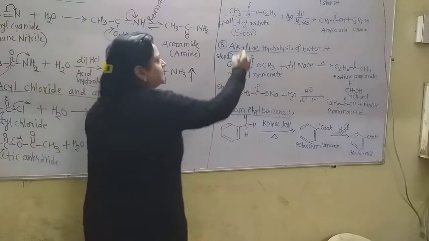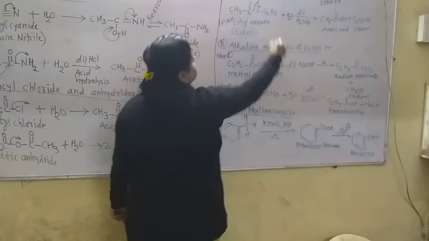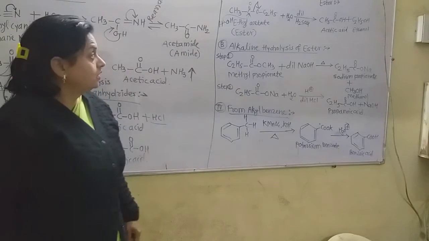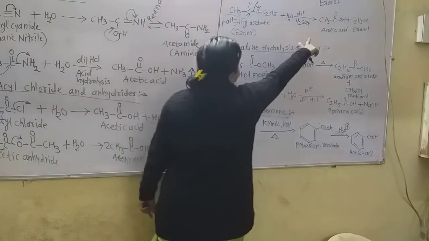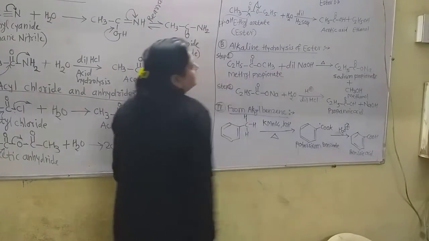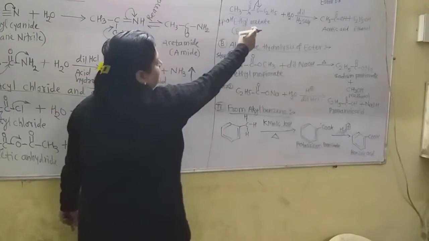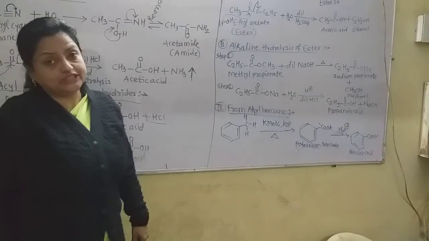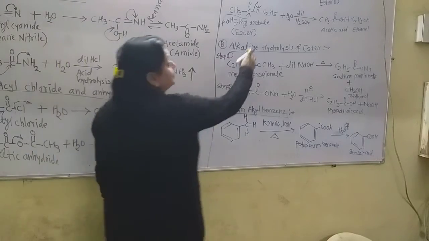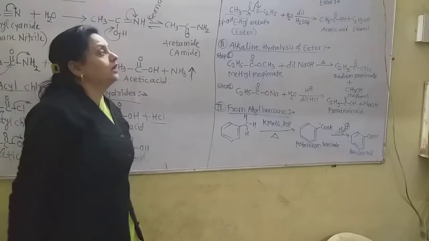At the same time, this bond breaks, and there is negative charge on this oxygen. Now by attacking of this OH, there is formation of acid. Here acetic acid is formed, and this C2H5O minus, that is the ethoxide ion, attracts this H plus, and there is formation of the alcohol ethanol.